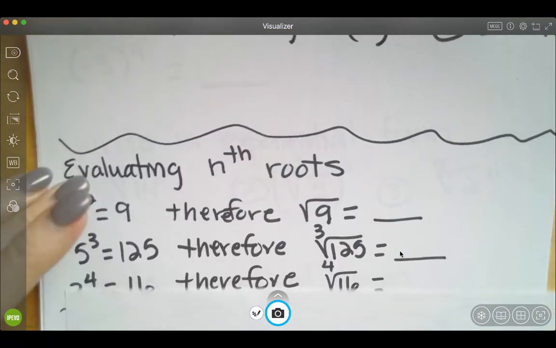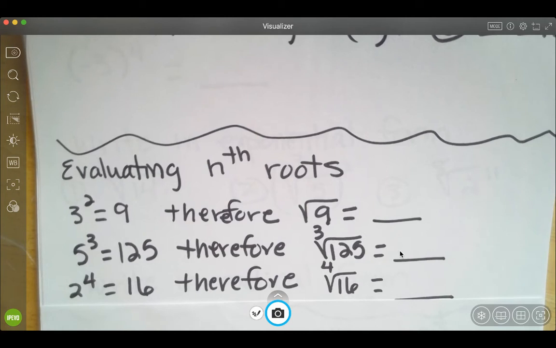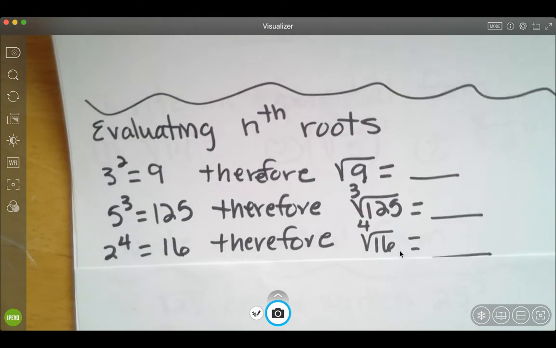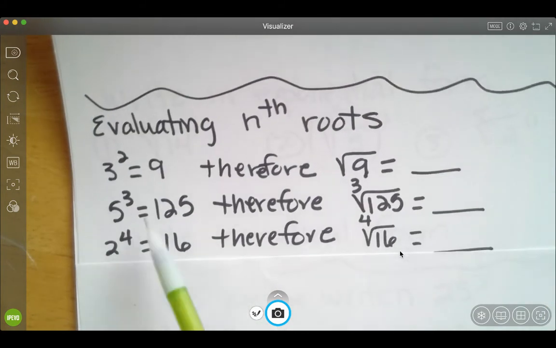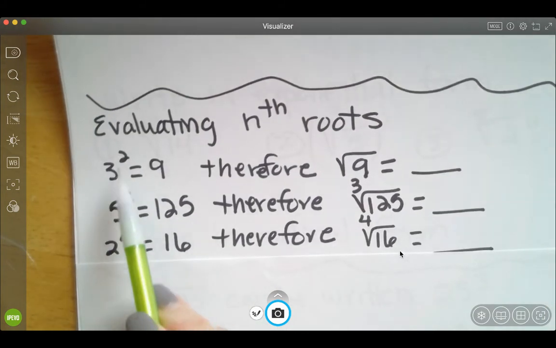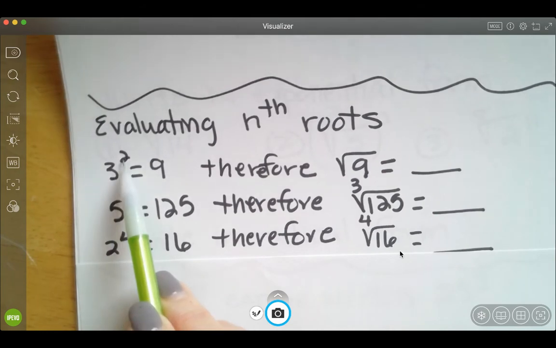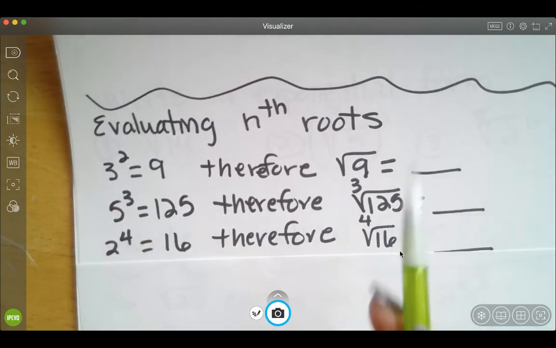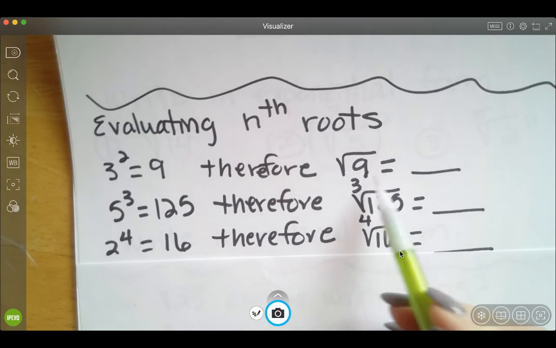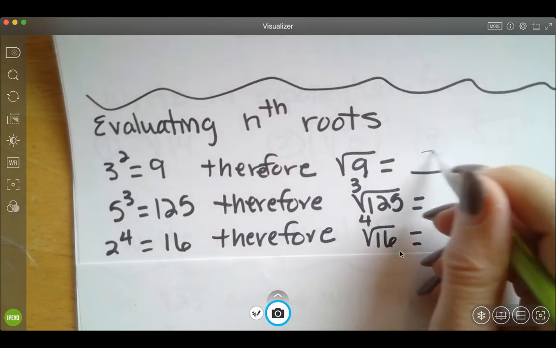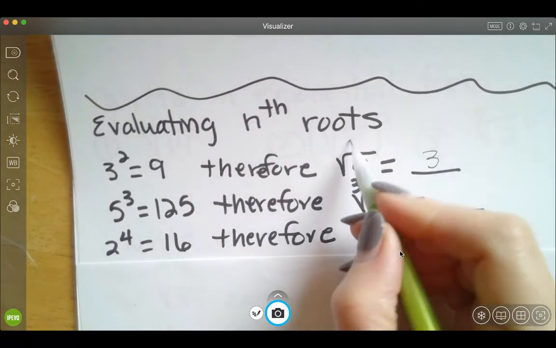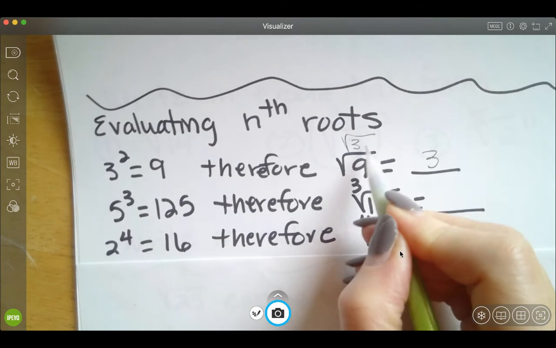So just a couple things to review. First of all, what we're going to review is that if you square 3, so 3 squared, which is 3 times 3 is 9, that means that the square root of 9 is going to be 3, because you need 2 to take 1 out.